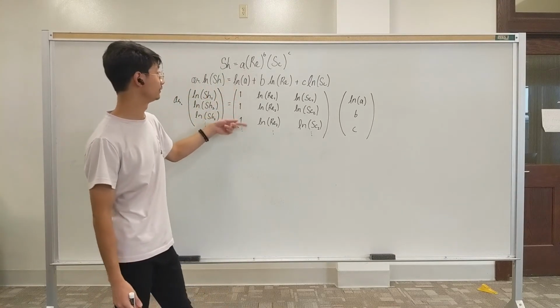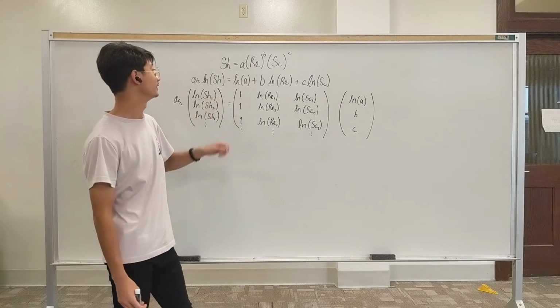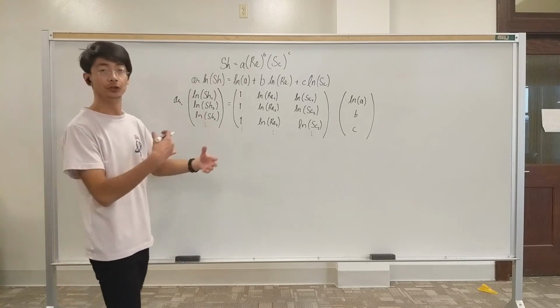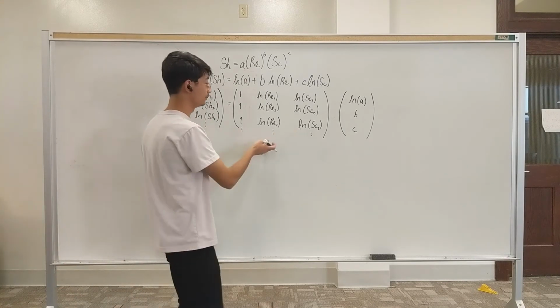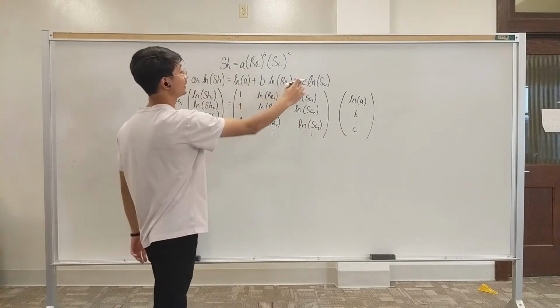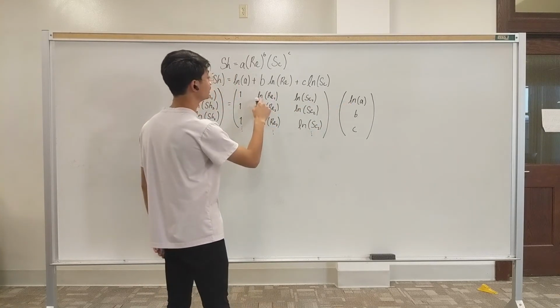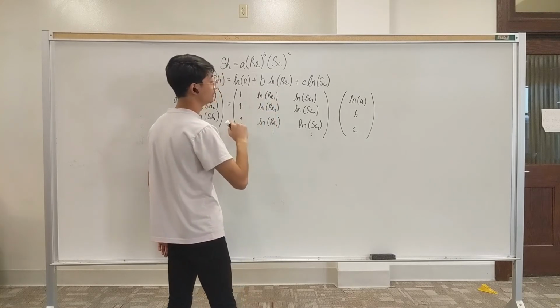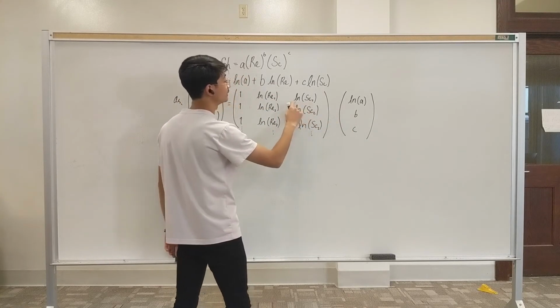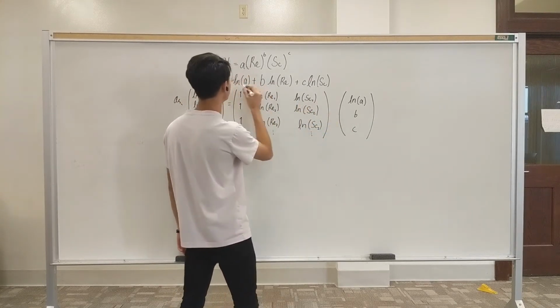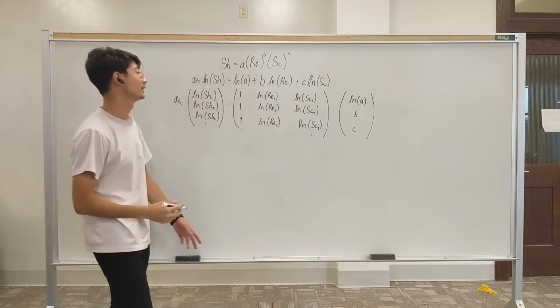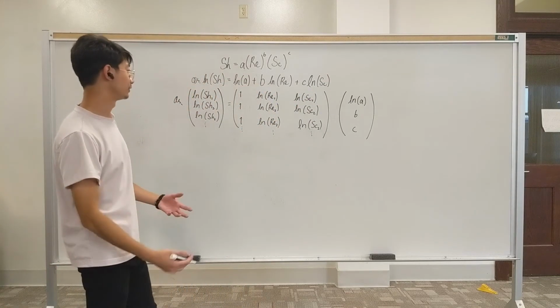It definitely looks different from what we have on the second step, but if you do a matrix multiplication of these two matrices, you will end up with that equation, because it's simply going to be 1 times natural log of A plus natural log of the Reynolds number times B plus natural log of Schmidt's number times C, which is what we have in the second step. So that's how we represent them in the matrix form.